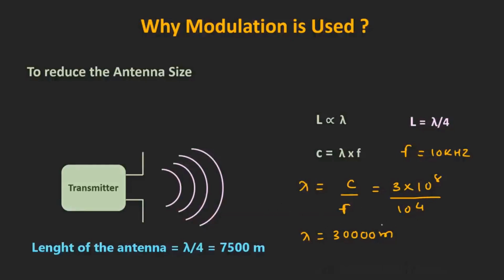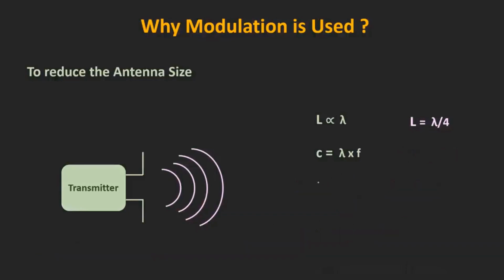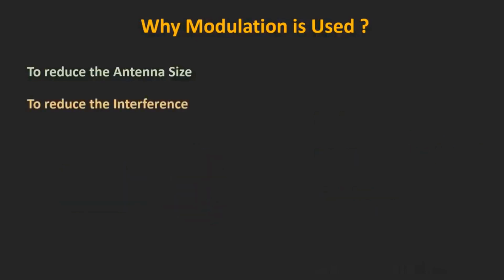If I want to transmit a signal of frequency 10 kilohertz, then the wavelength is 3 into 10 power 8 divided by 10 to the power 4, which is approximately 30,000 meters. The length of an antenna should be approximately lambda by 4, so I need an antenna height of 7,500 meters.